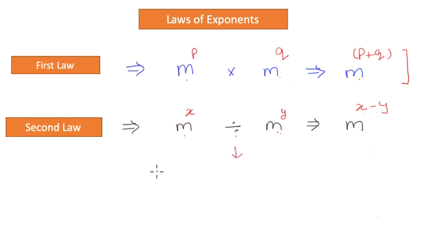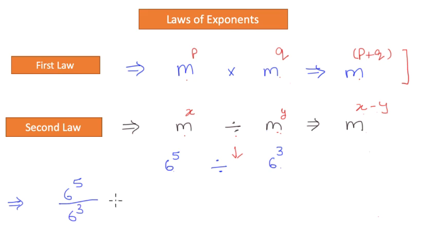Let's see how it works with an example. My first number is 6 to the power 5, and my second number is 6 to the power 3. So when you divide these numbers, what really happens? We can write this as 6 to the power 5 divided by 6 to the power 3.